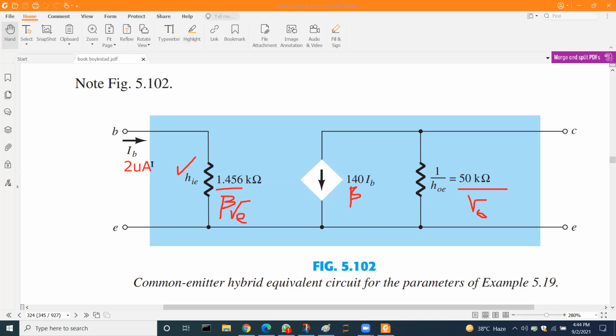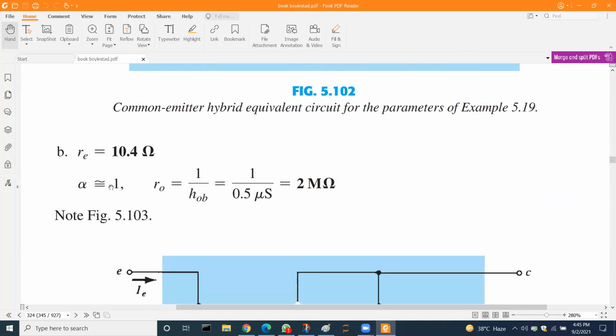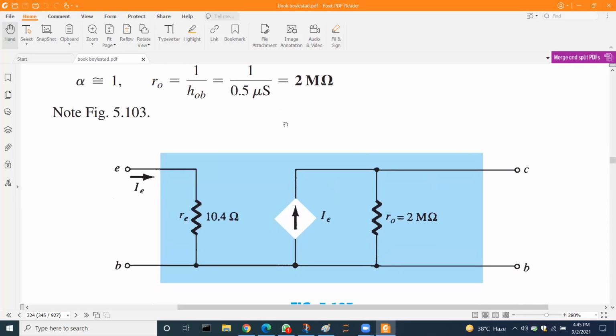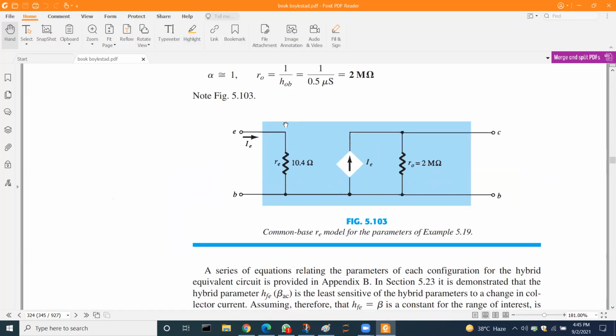Microamperes at any instance of time, then we can find that here 140 multiplied with 2. Obviously, AC its value is changing, and similarly, this value is also changing. So this is a better view of how we can do it. Similarly, for common base, but we are not interested in common base.